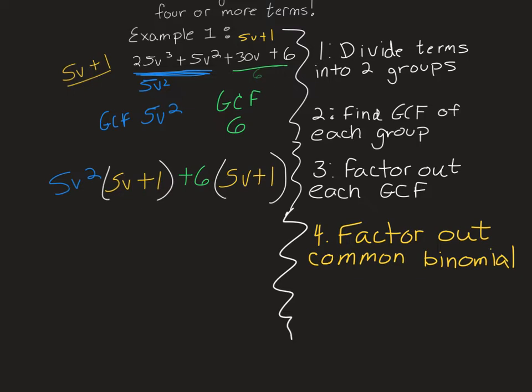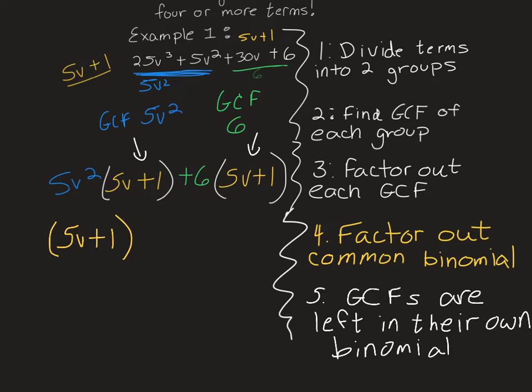So what I mean by factoring it out is you're going to take that 5v plus 1, and it's going to become its own. It's kind of like you took each of these 5v plus 1's and you pulled them out of each little group. So now it's going to become its own binomial together in one. So the common binomial comes out, becomes its own binomial, and then the greatest common factors are left in their own binomial. That is step 5.